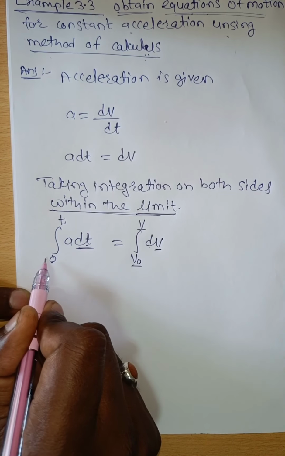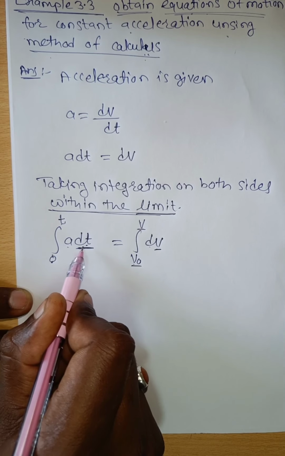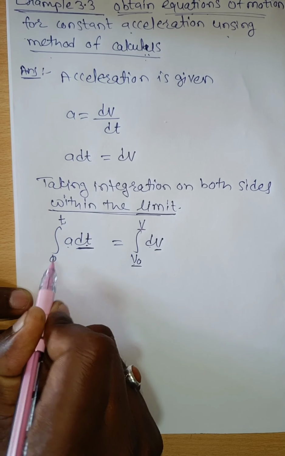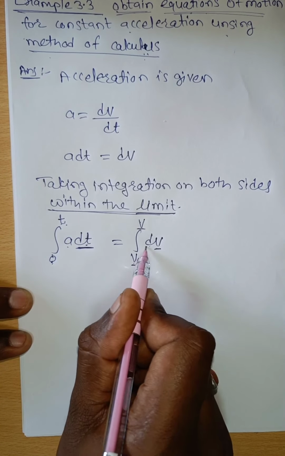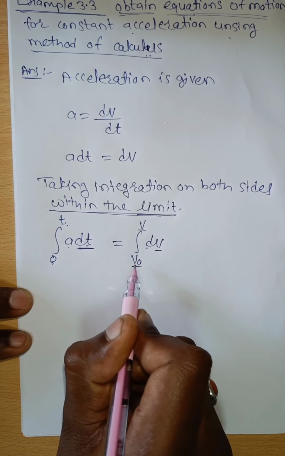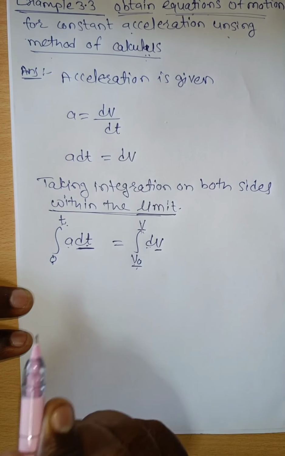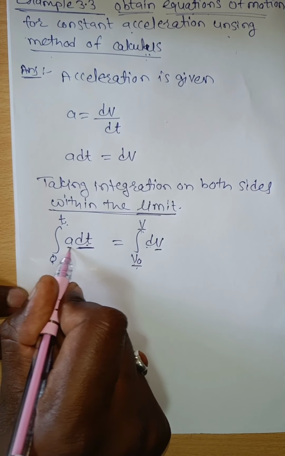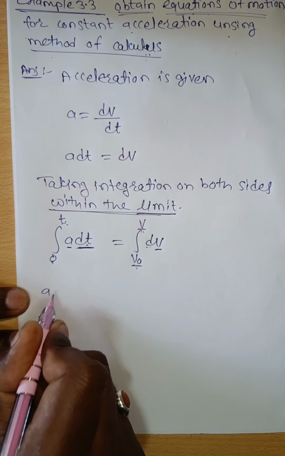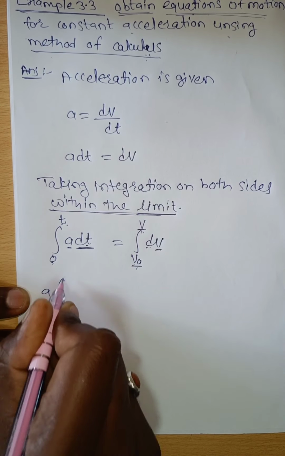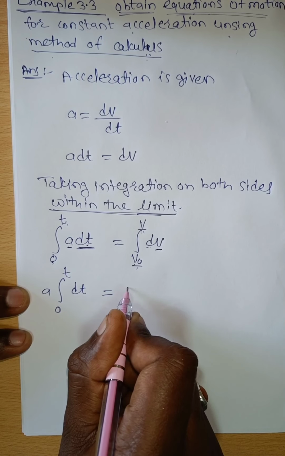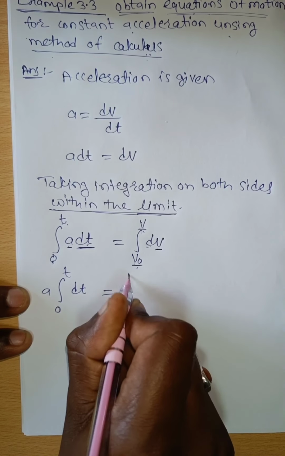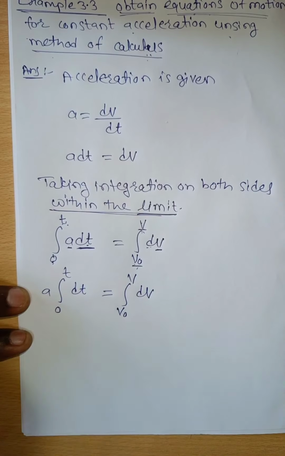Therefore the integration of a into dt within the limit 0 to t is equal to the integration of dv within the limit v naught to v. Now this a is constant, therefore taking it outside, a into the integration of dt from 0 to t is equal to the integration of dv from v naught to v.